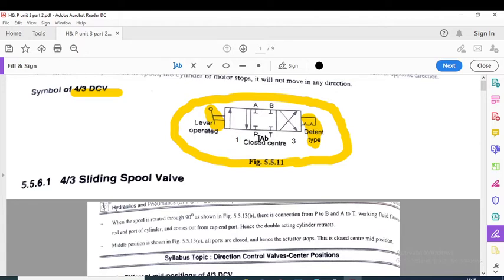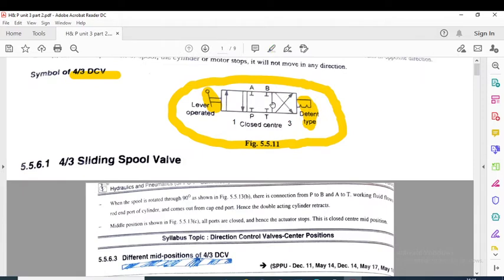This P denotes the port for the pump, this T denotes the port for the tank, and this A and B are the ports to the actuators here. Then this is the closed center 4 by 3 direction control valve, and this position is the central position of this 4 by 3 direction control valve.